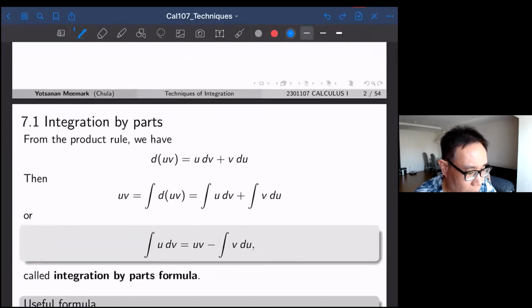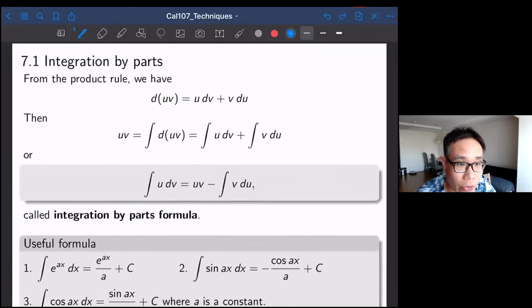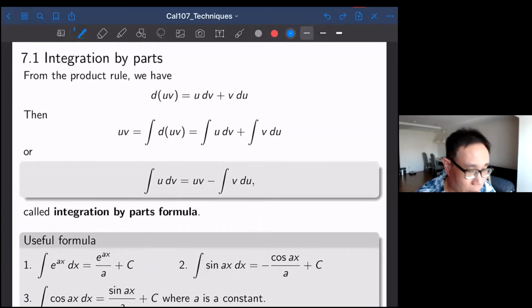So let's begin with the first one, which is called integration by parts. Integration by parts comes from the product rule. You have d(uv), which is the product of two functions. It's gonna give you u dv plus v du, the first times the derivative of the second plus the second times the derivative of the first. So this is the product rule.